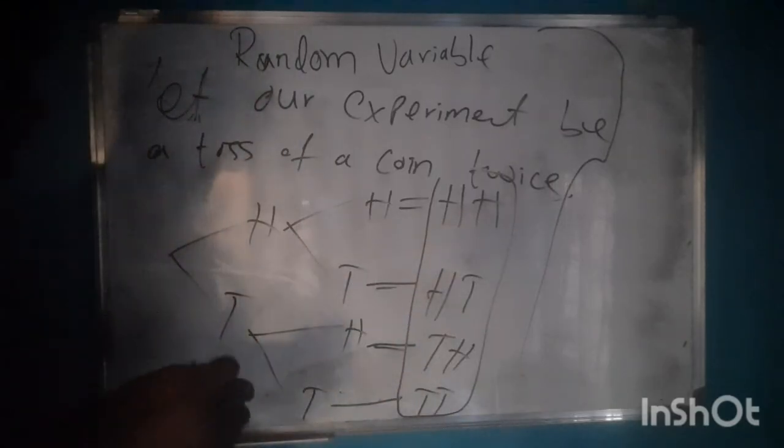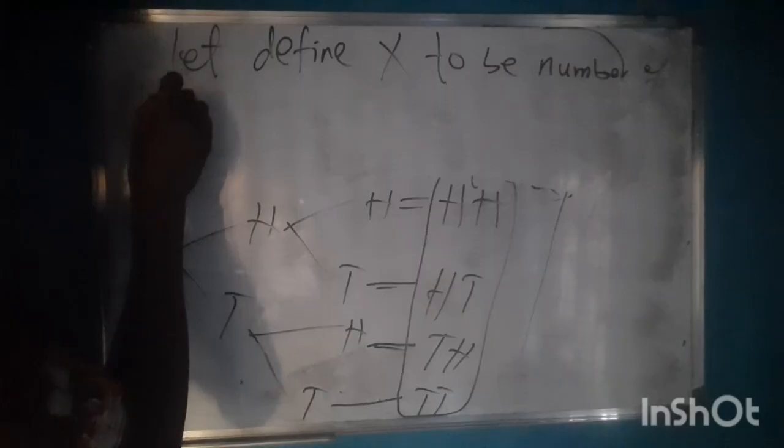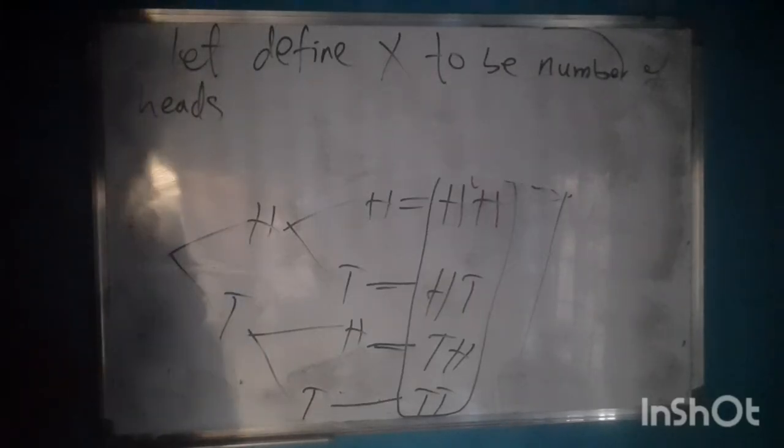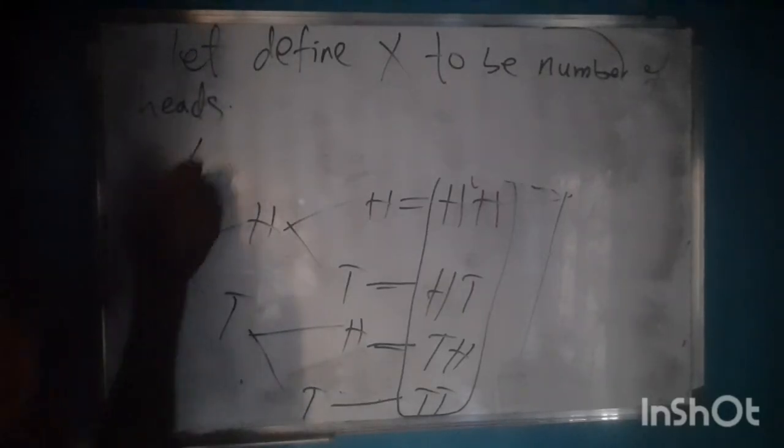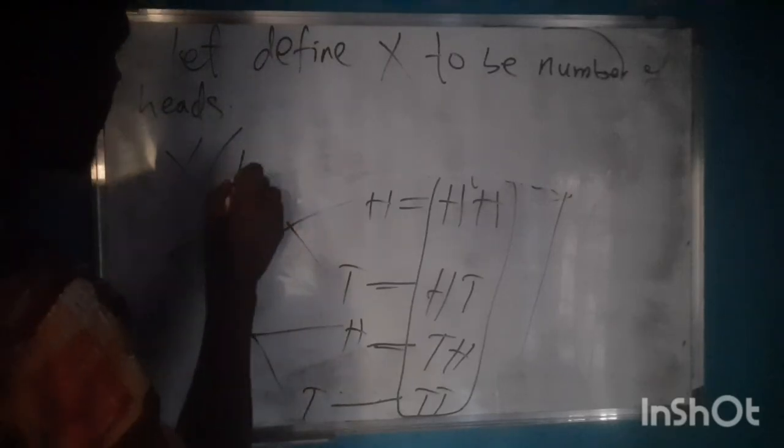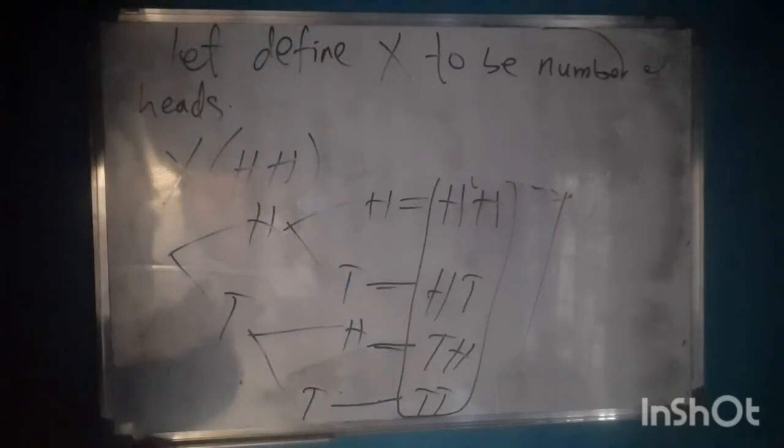Now, let's define our random variable X to be the number of heads. So we have X of HH, how many heads do we have here?